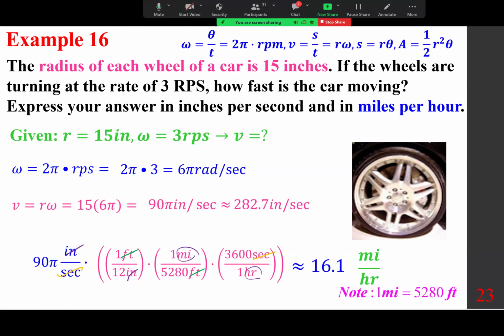Plug it into a calculator, you get 16.1 miles per hour.